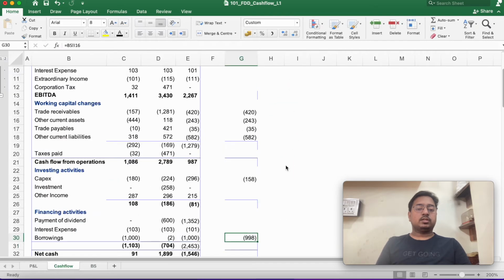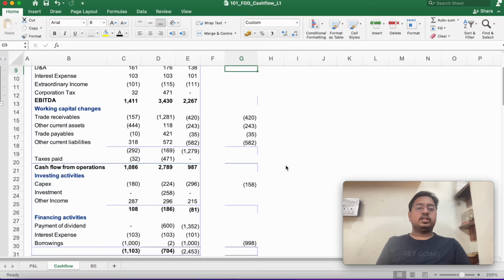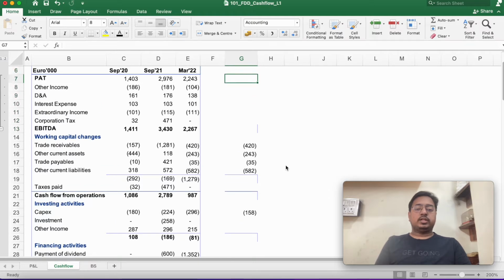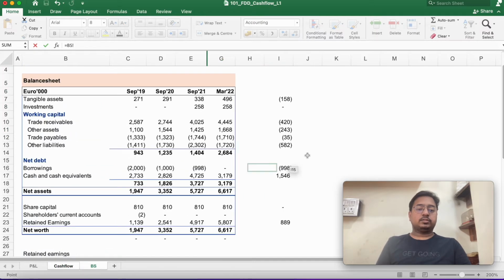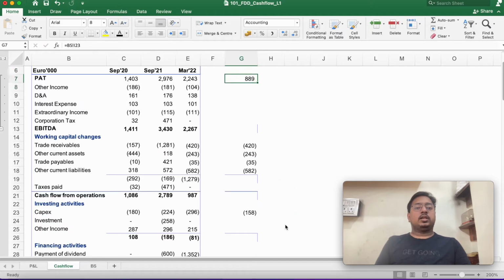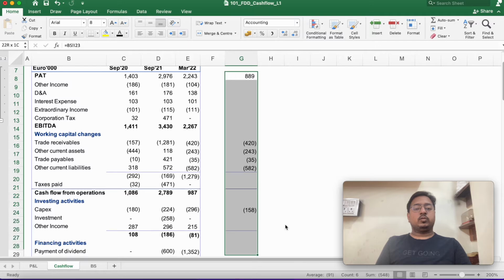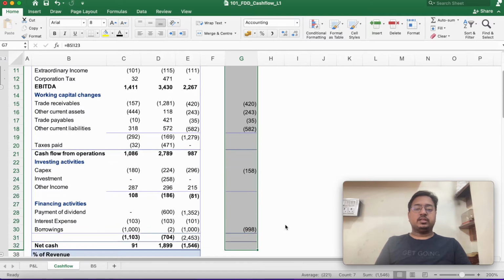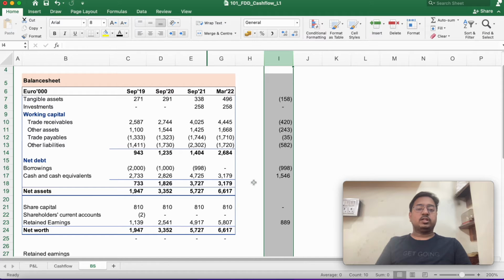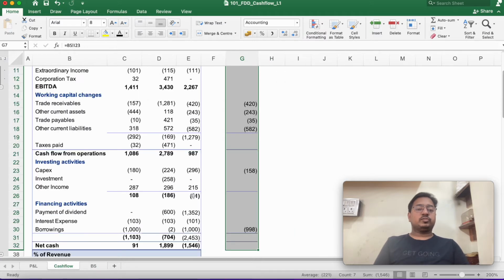Now borrowings, and the last piece is retained earnings. So retained earning, I'll put like this here. Now the total of this should be equal to the decrease in cash that we are expecting, which is 1546. Your cash balance, if you remember, was decreasing by the same amount. So our cash flow will match.